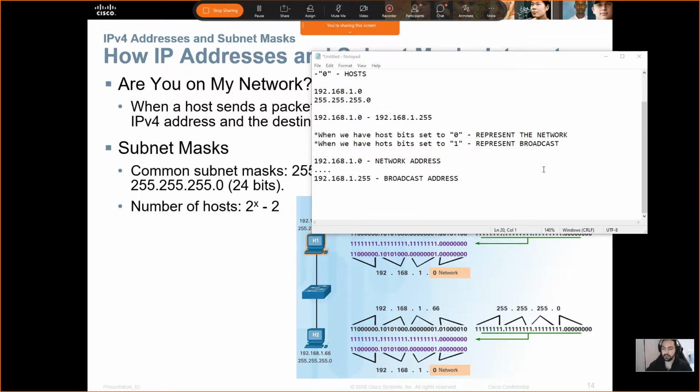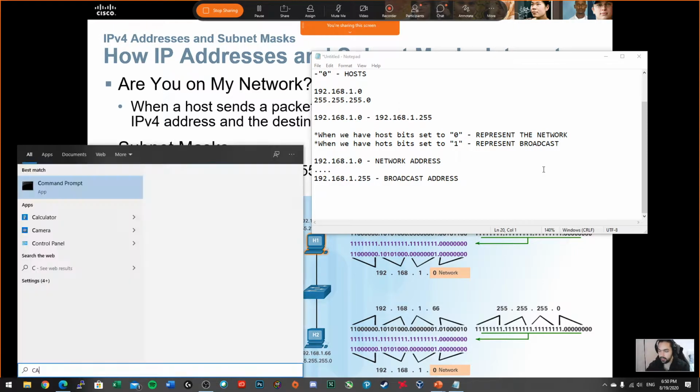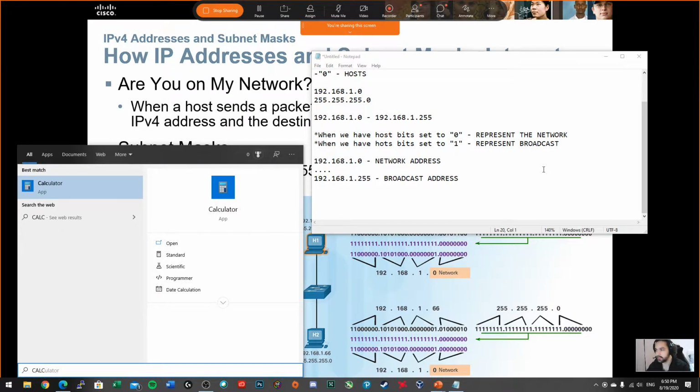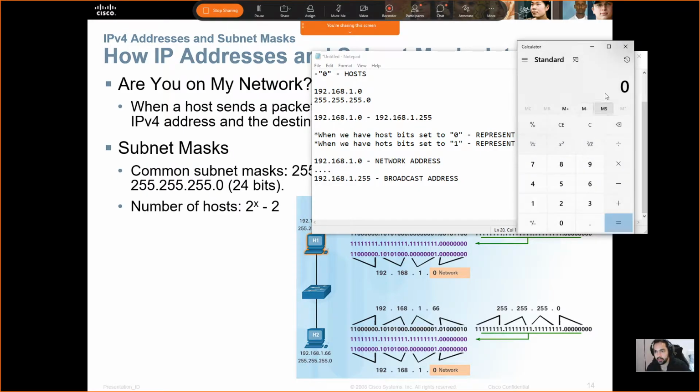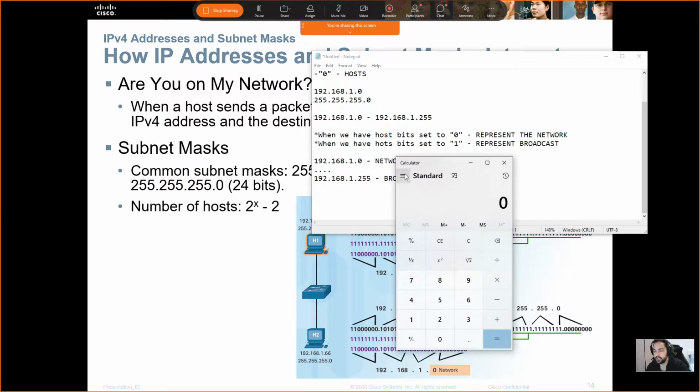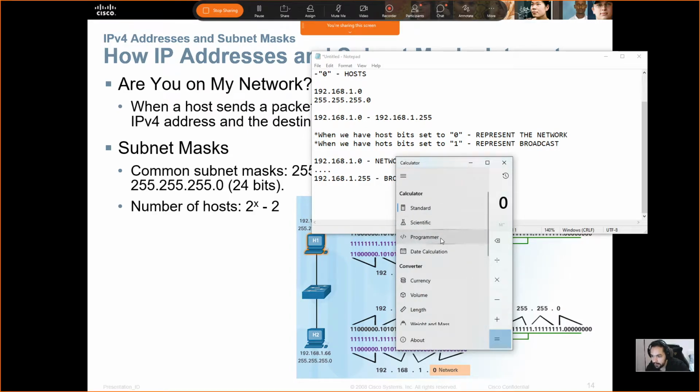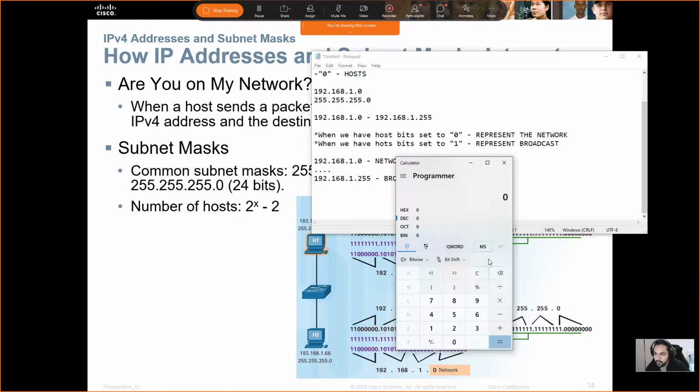Okay, so I'm just gonna open up my calculator. You guys can do the same. Your Windows calculator. You can just change the format of the Windows calculator. And if we get the programmer calculator, we can actually do the conversion between binary and decimal. Now, just one thing. This needs to be extremely clear to all of you guys.